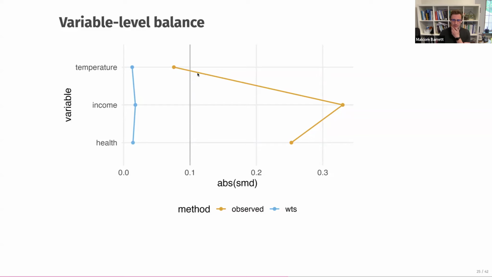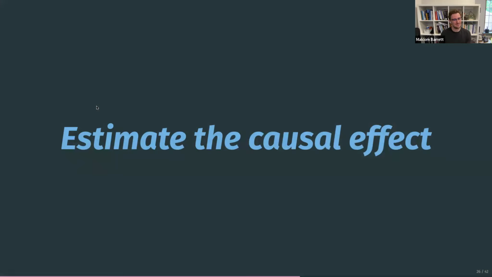The larger point here, though, is that before we reweighted this population, there were differences between these variables among those who used nets and among those who didn't. After weighting, those differences are almost completely gone. And so that is what we were kind of hoping for. It's not guaranteed, but it does make us feel a little bit better that it happens.